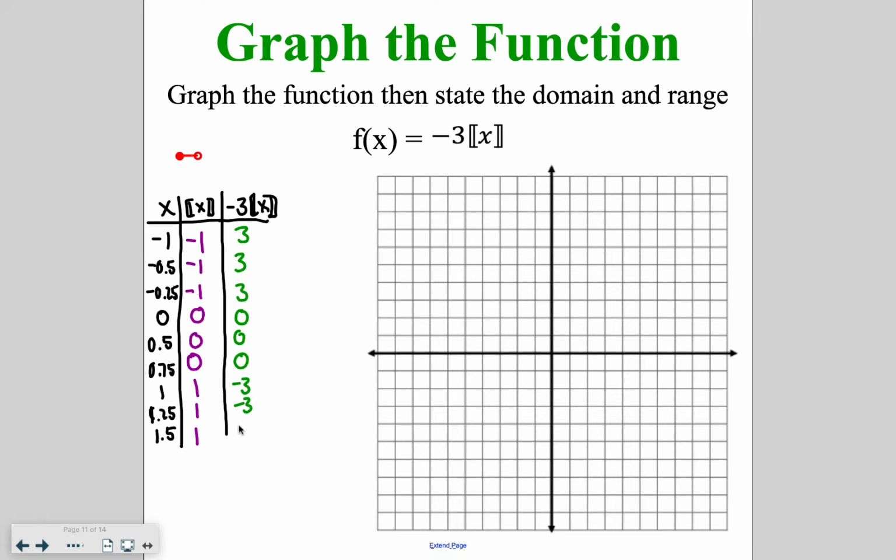Once again, then, we take our values and we are filling them in. So from negative 1 to 0, I'm going to have a value of 1, 2, 3. My next step then is to go to 0 and 0. And that is my next step in my function.